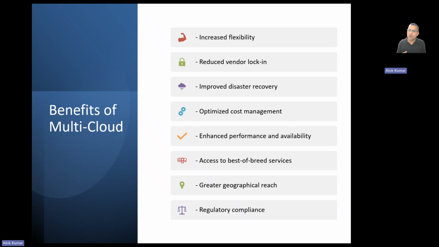Similarly, if you have compliance requirements with your data and business operations with the local government, then AWS is the best in class for regulatory compliance.